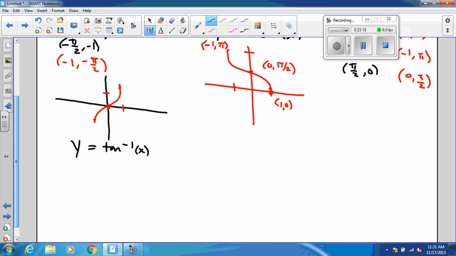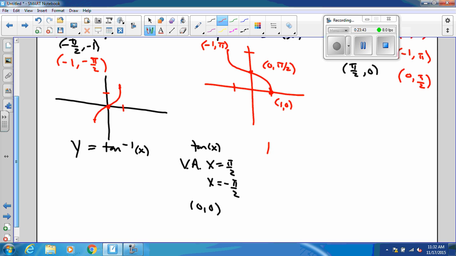Because tangent, I know, already has vertical asymptotes at x equals pi over 2 and at x equals negative pi over 2. And I also know that the graph of tangent goes through the origin 0, comma 0.